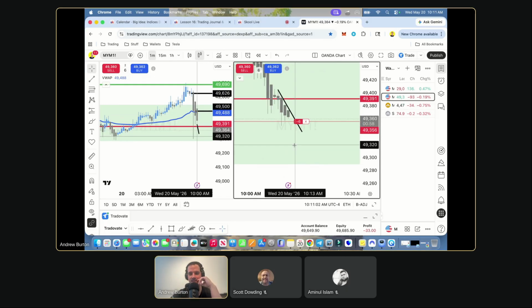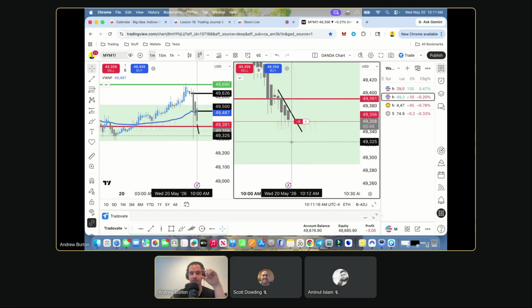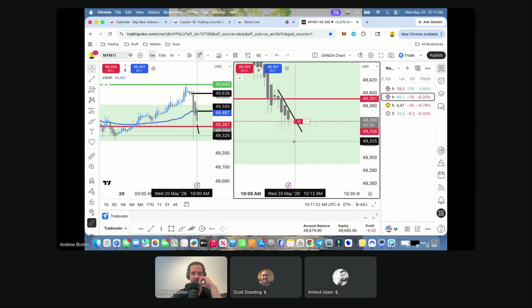And you can see here, guys, how much smaller the US 30 is with the lots, right? With the profit and loss. Like in that NASDAQ trade, it went against us, but barely went against us, and it was like 200 something dollars of loss there.